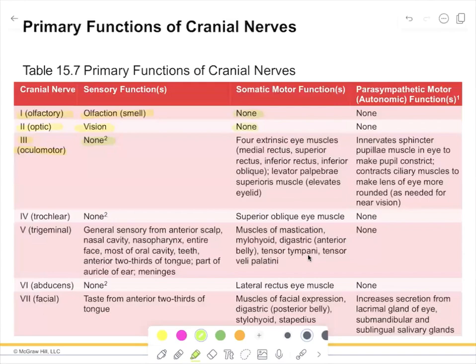So its motor control would be extrinsic eye muscles. You don't need to know the specific names of the muscles. And its parasympathetic fiber would be to constrict the pupils. And remember that parasympathetic means rest and digest.